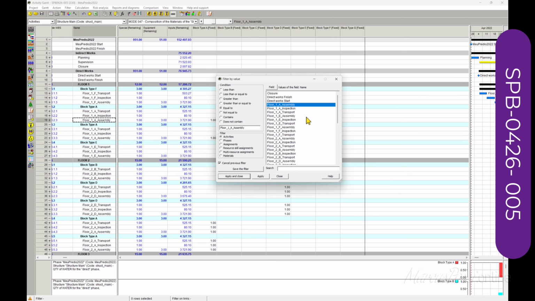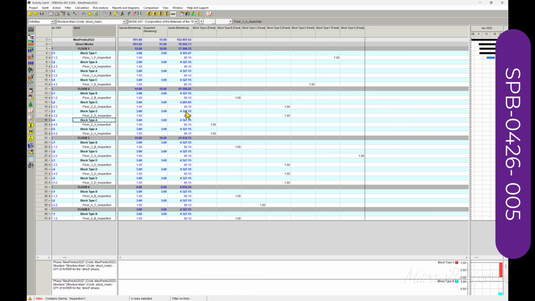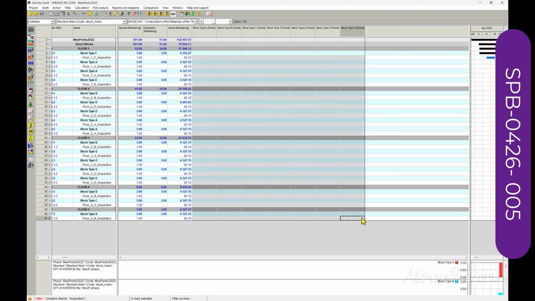Filter, inspection, contains inspection, and if it contains inspection, no block will be assigned to inspection.